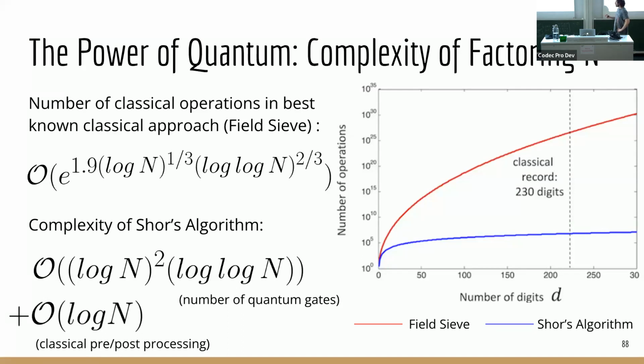And so you can see that the number of operations grows far, far faster as the number of digits of our number grows in the field sieve method than with Shor's algorithm. So all of this to say that Shor's algorithm is significantly more powerful and effective than the general field sieve method.